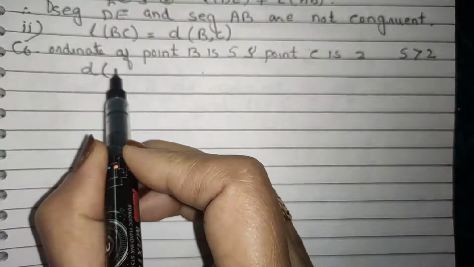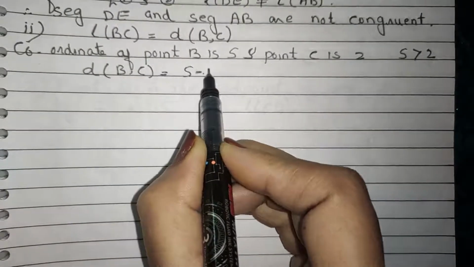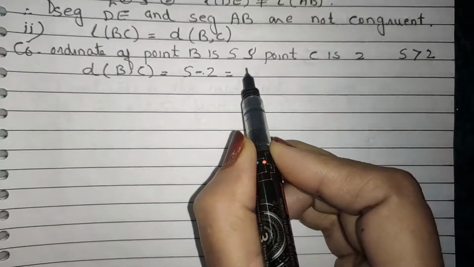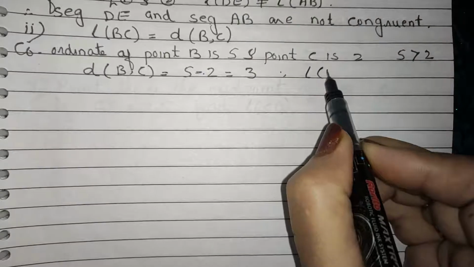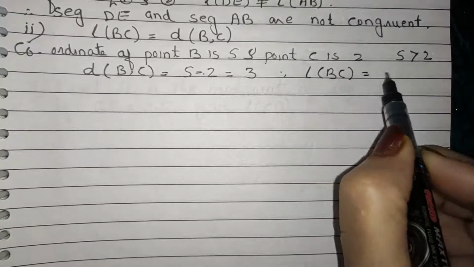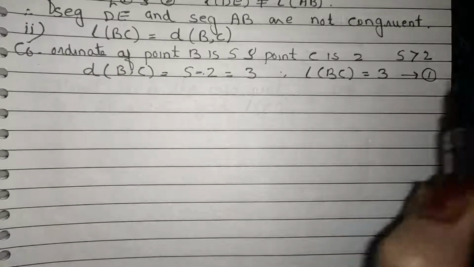Therefore distance between points B, C is equal to 5 minus 2, which is equal to 3. It is the value of length BC. Therefore, length BC is equal to 3. Give it equation number 1.